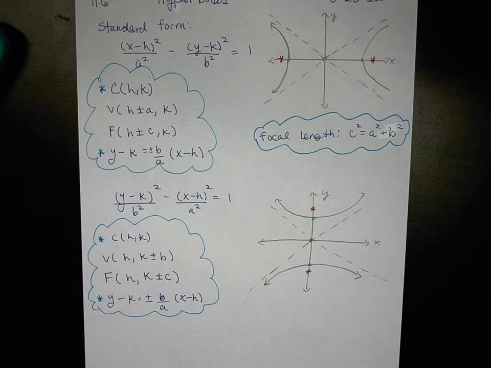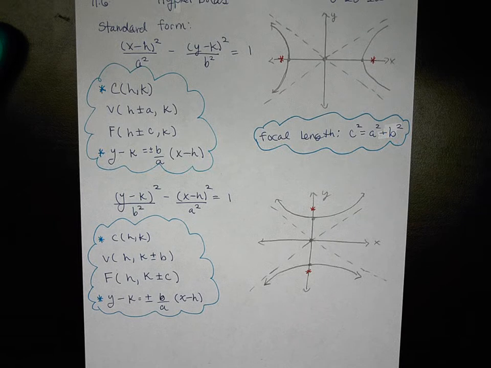Not at all. Hyperbolas have nothing to do with the major axis. We don't mention it at all. We talk about a transverse axis and a conjugate axis, but nothing to do with the major axis.